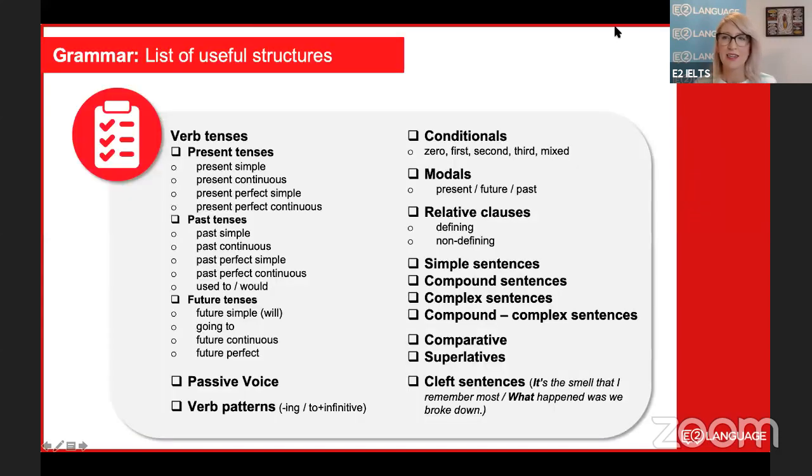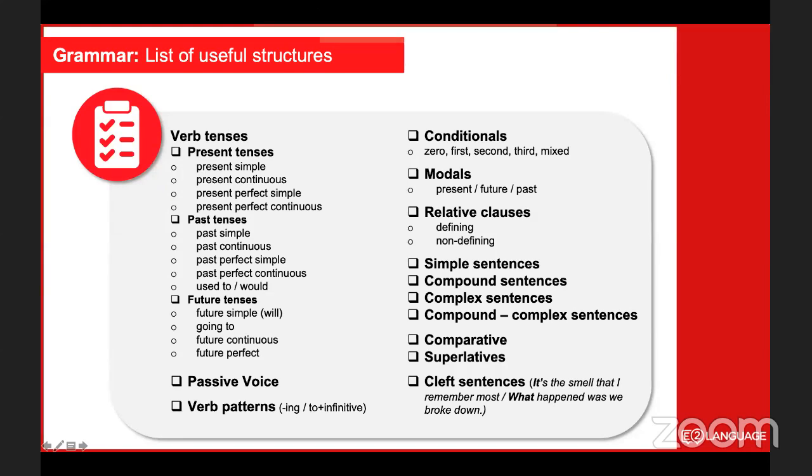Exactly. I just want to point out here on the screen, let me take my video off. If you want to grab a screenshot, this is a really useful checklist that we have in our small group classes. And it just covers not every grammar point, but a lot of useful structures that you can use to practice when you're doing IELTS speaking.